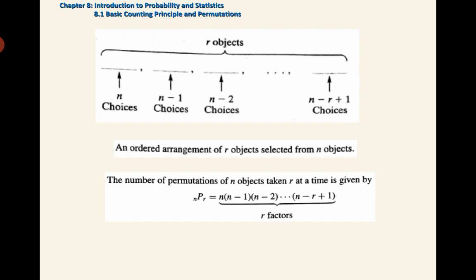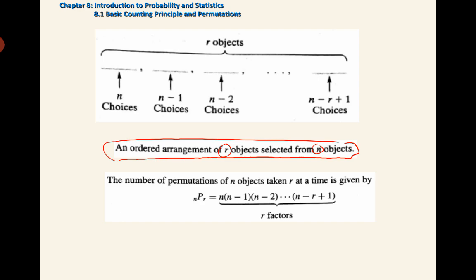The next is, we are moving slowly to the concept of permutation. What is this? In this case, we have been given an ordered arrangement of r objects selected from n objects.